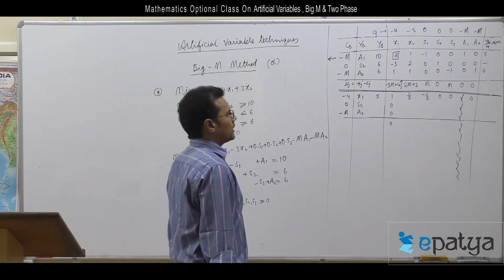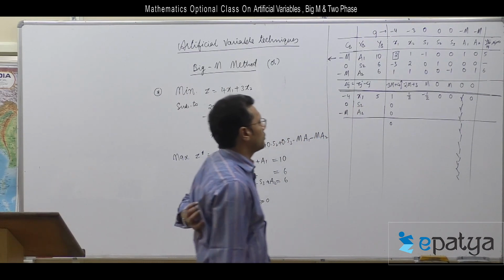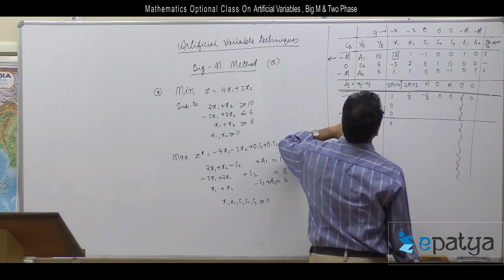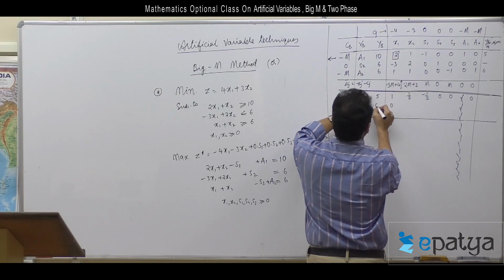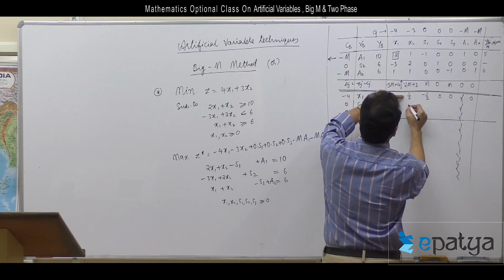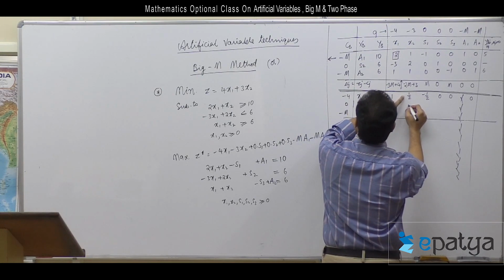Make the key element 1 and the rest of the elements in that column 0, which means using elementary row operations. So, minus 2 times and add, minus 2 times and add, minus 2 times and add.